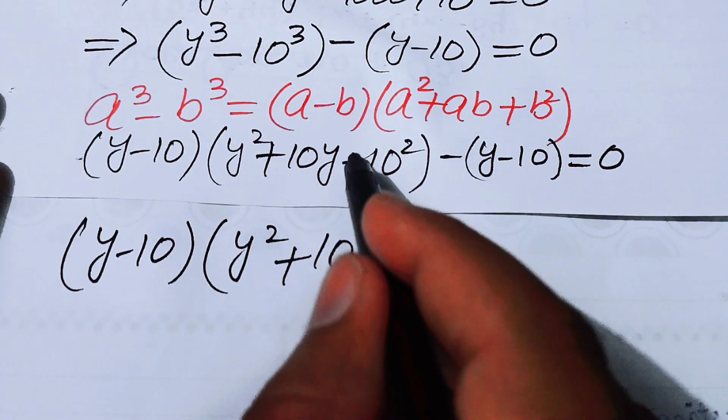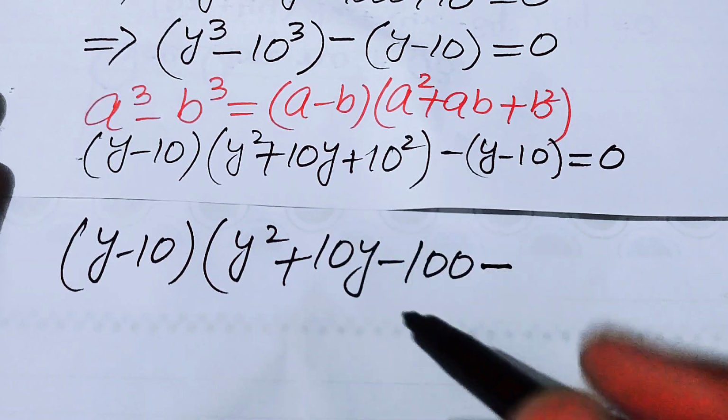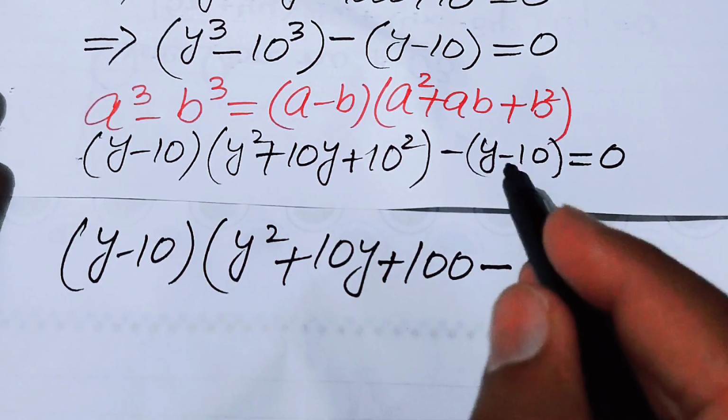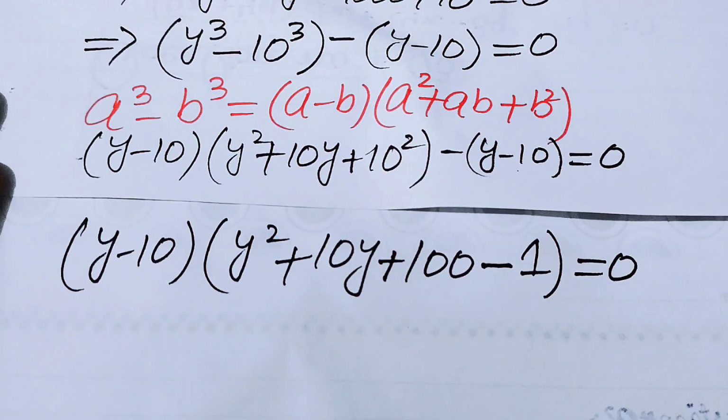Sorry, this is the positive term, because in this formula you have plus b squared, so this is plus 10 squared, which is 100. Then we take the common factor and you get minus 1, and the whole is equal to 0.